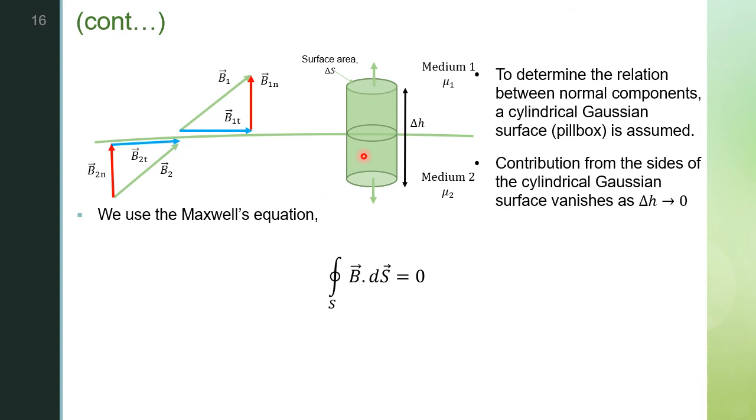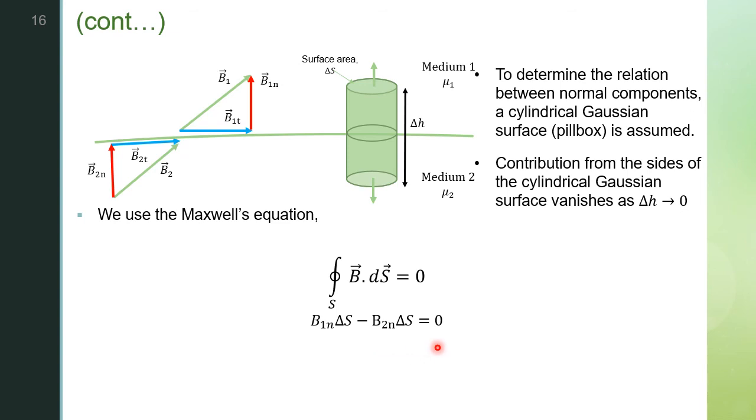Considering the top surface, it is in the first medium, so the component is B1n, and for the second medium, it is B2n. So this can be written as B1n into delta S minus B2n into delta S, since the area vector of the bottom face is in the downward direction. This is equal to 0.